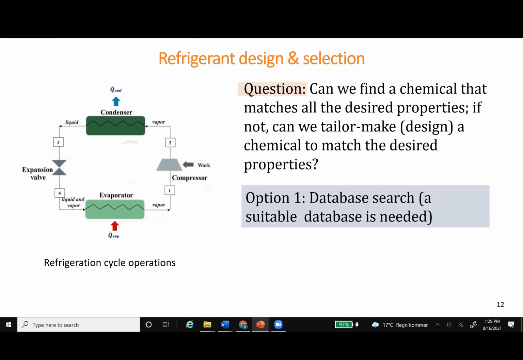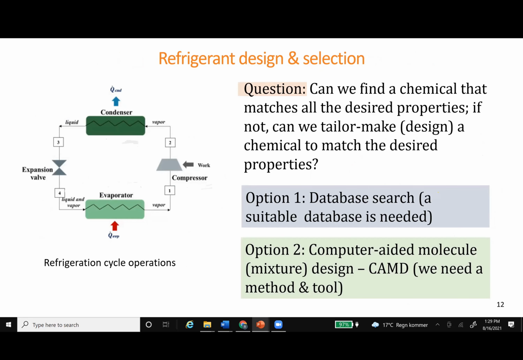The second option is we could do computer-aided molecular design. That is, we could create molecules and then we could check their properties. This one will give us maybe new molecules that do not exist, whereas option one will only give us molecules that exist. Not only that, but also for which properties have been measured.